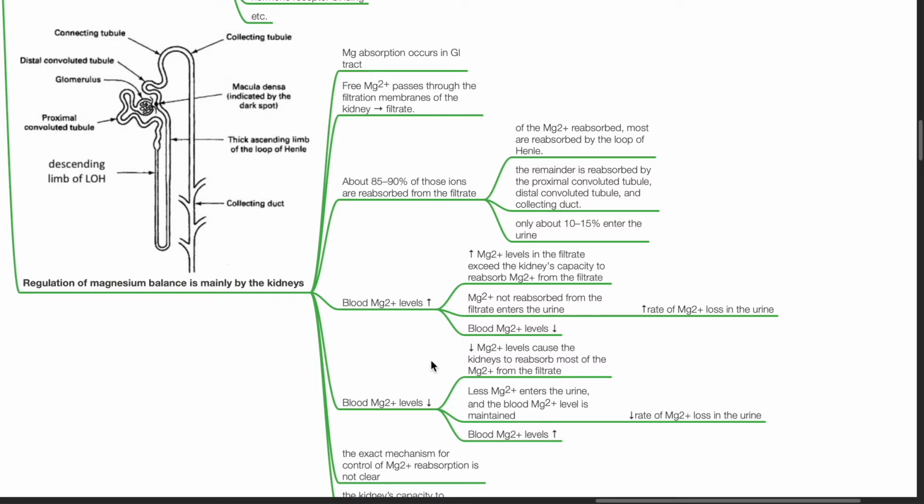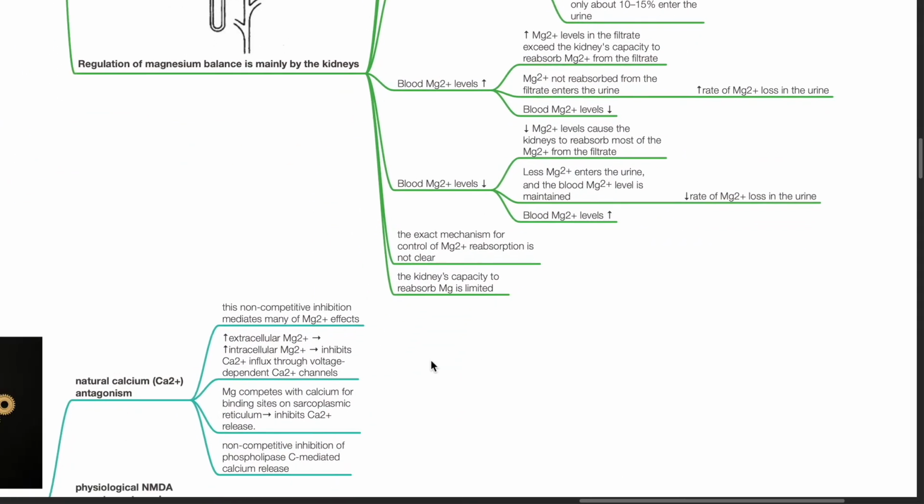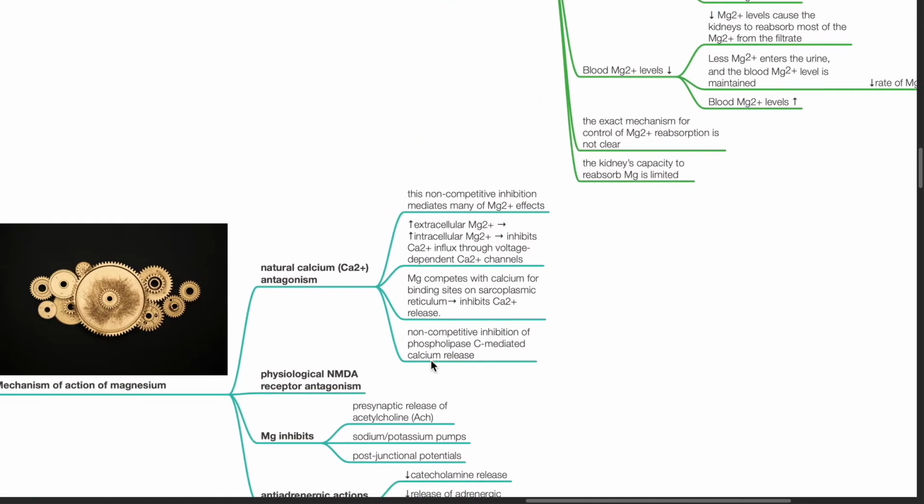When there is a decrease in blood magnesium levels, there is reduced magnesium levels in the filtrate. Thus, the kidneys reabsorb most of the magnesium from the filtrate. Less magnesium enters the urine and blood magnesium level increases. The exact mechanism for control of magnesium reabsorption in the kidneys is not clear. The kidney's capacity to reabsorb magnesium is limited.